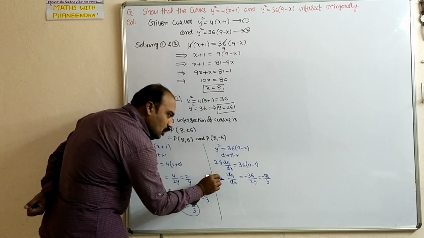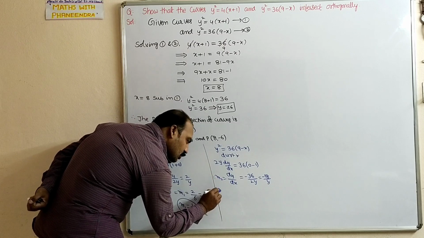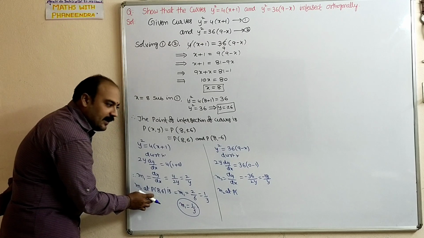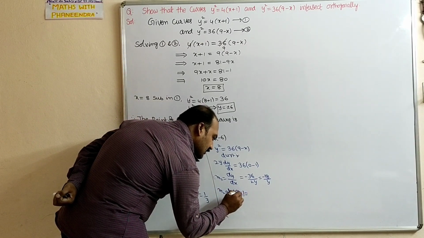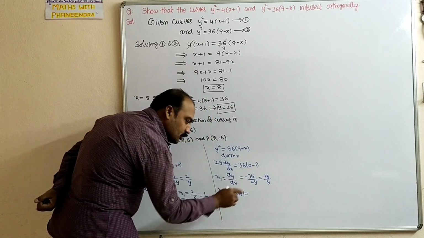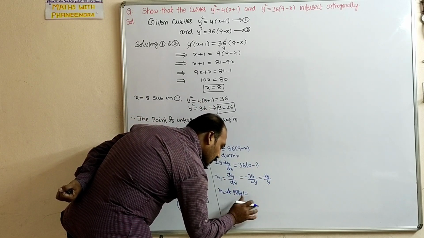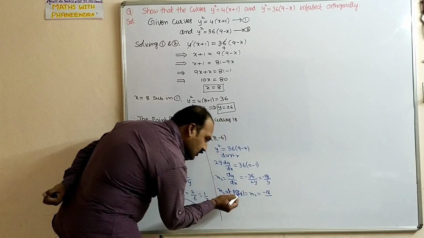This is the second curve slope. Therefore, m2 at the first point, same point only, we take (8, 6). Wherever x comma y is there in this dy by dx slope, we can substitute (8, 6). So m2 equal to minus 18 by y, value is 6.